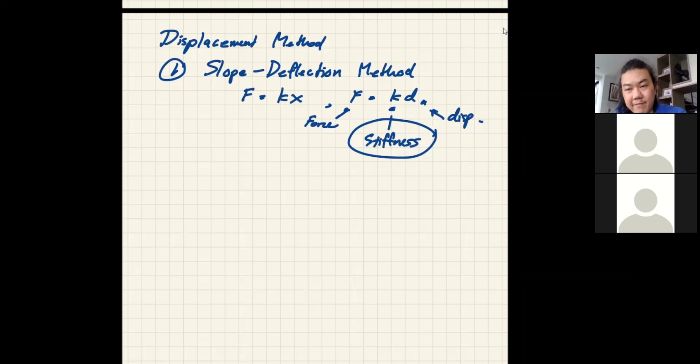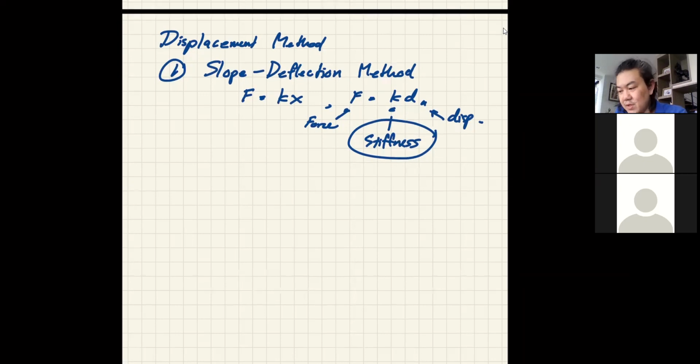The fact that the force depends on displacement means that the stiffness is important, because you solve for displacement, you get the force. You solve for the force, you get the displacement. And the relationship that would turn the force into displacement or vice versa is stiffness. This is the most important thing.